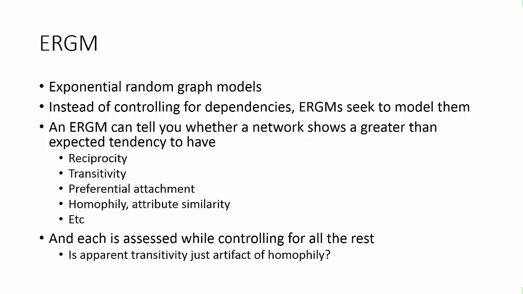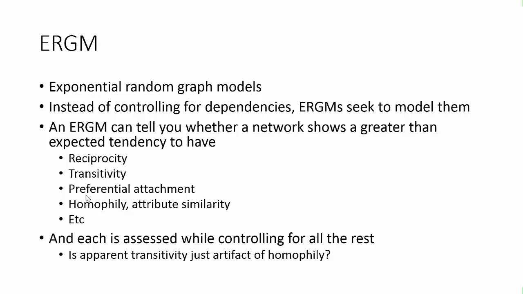But they have certain benefits, and one of them is that they can tell you whether your network has a greater tendency towards reciprocity than you would expect by chance, a greater tendency towards transitivity, etc. All these different things, and there's dozens of these different kinds of micro-level configurations that your network might tend towards or tend away from.